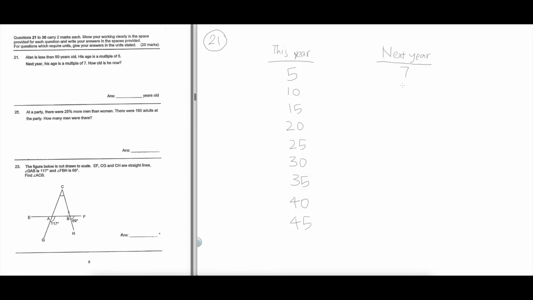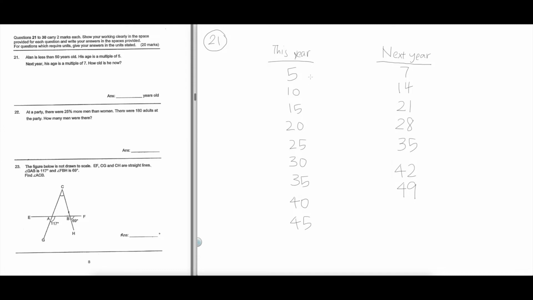So 7, 14, 21, 28, okay, that's it. I'm not going to go further because if he's less than 50 years old this year, next year he couldn't be more than 50. The next one is 56 already.